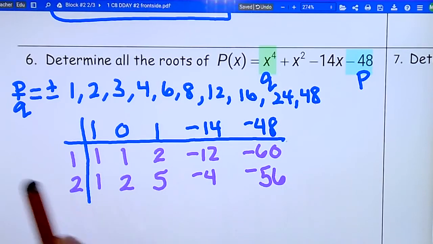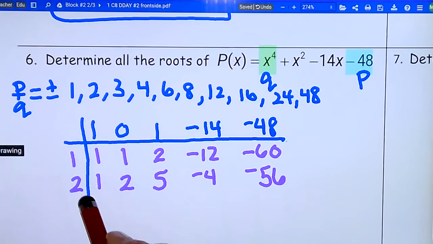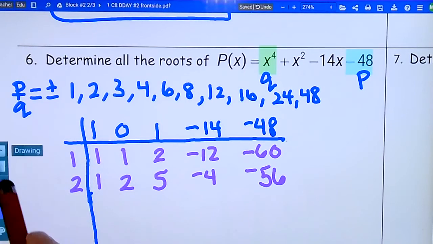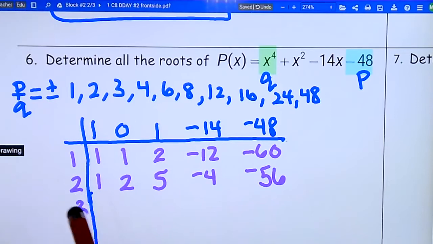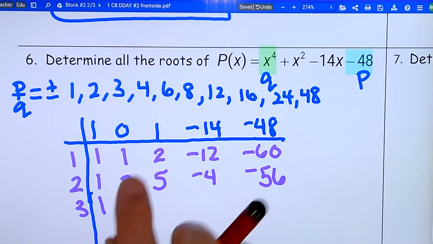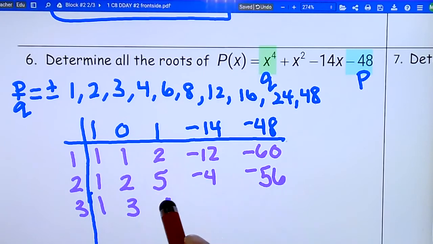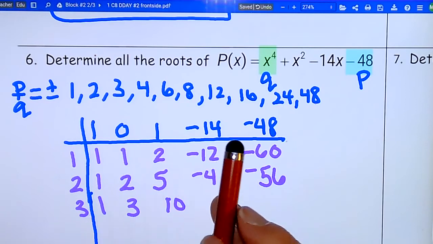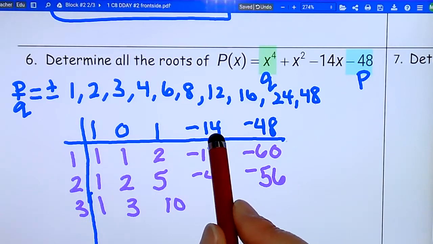So now let's say I try a 3. Okay, bring down my 1. 3 times 1 is 3. I add it to 0, 3. 3 times 3 is 9. I add it to 1, 10. 10 times 3 is 30. I add it to negative 14.